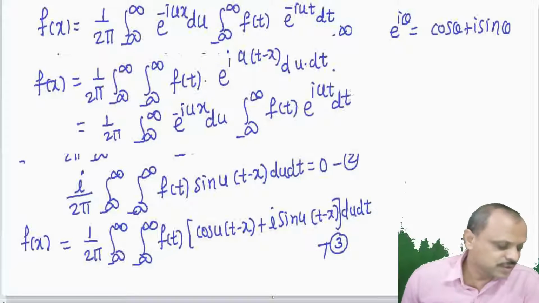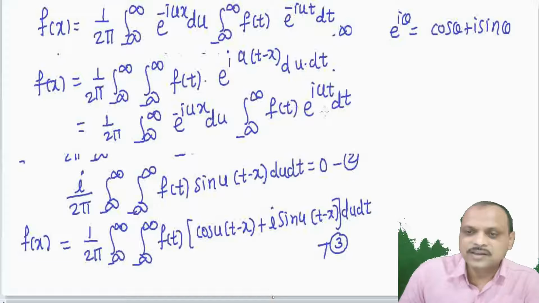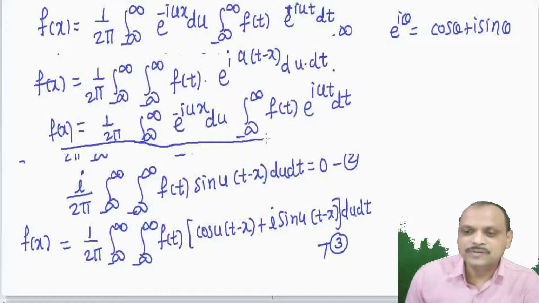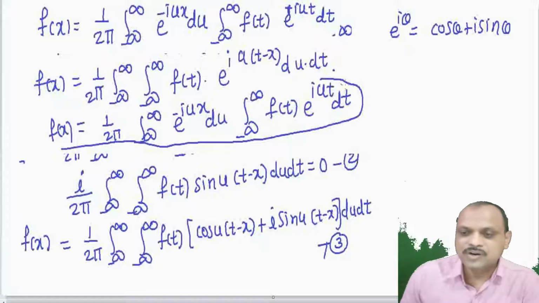So we get this f of x value, and this is the required form of the Fourier complex integral.